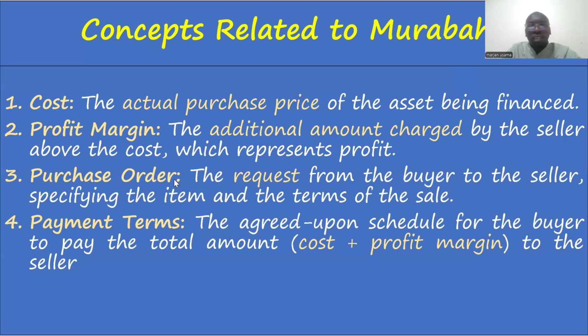Then we have the purchase order, which is the request from the buyer to the seller, specifying the item and the terms of the trade. Then lastly, we have the payment terms. The payment terms are the agreed upon schedule for the buyer to pay the total amount, which is the cost plus the profit margin, to the seller. So these are the basic concepts related to Murabaha.